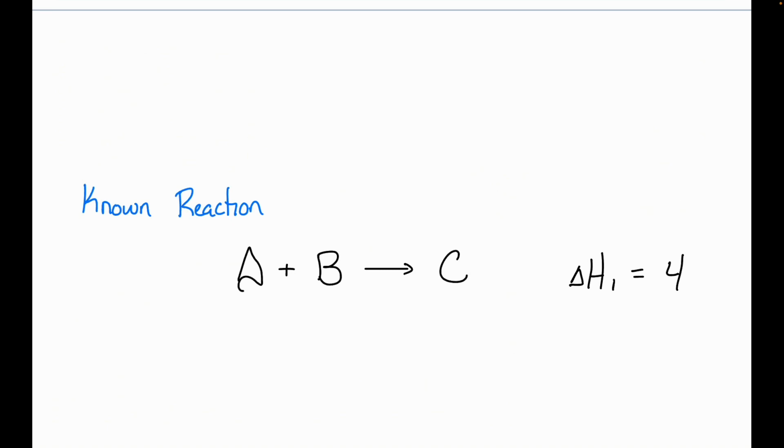Nice, easy number to work with. And we also know that B plus D gives us C. We know that delta H value. We're going to call this -2.